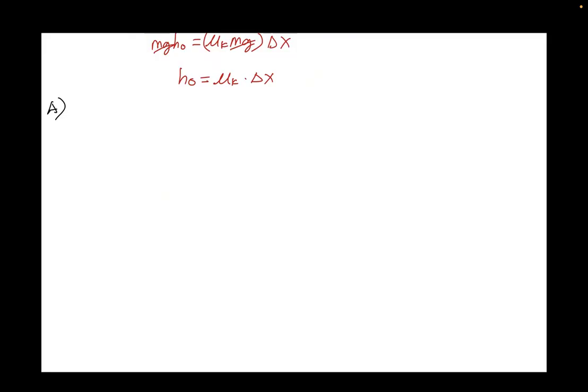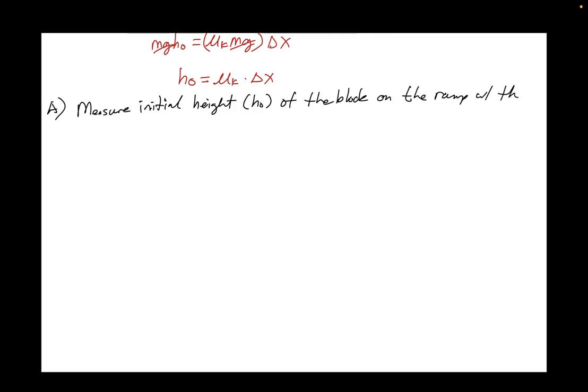Perfect. Okay. Given all that, for part A we'll say maybe measure the initial height of the block on the ramp with a meter stick. We'll call that h naught of the block on the ramp, with the meter stick.